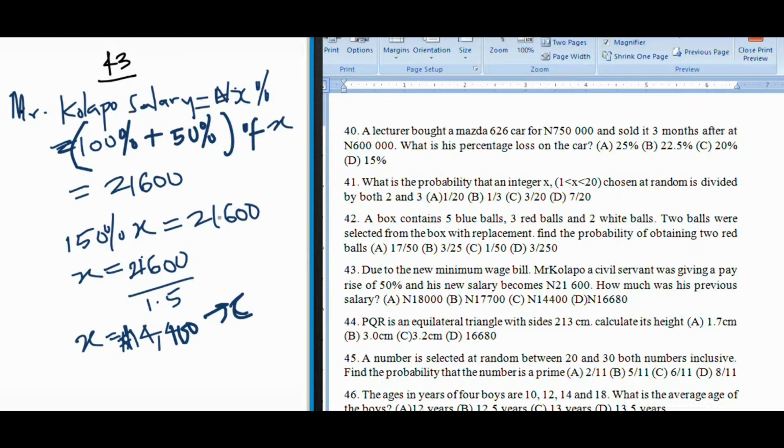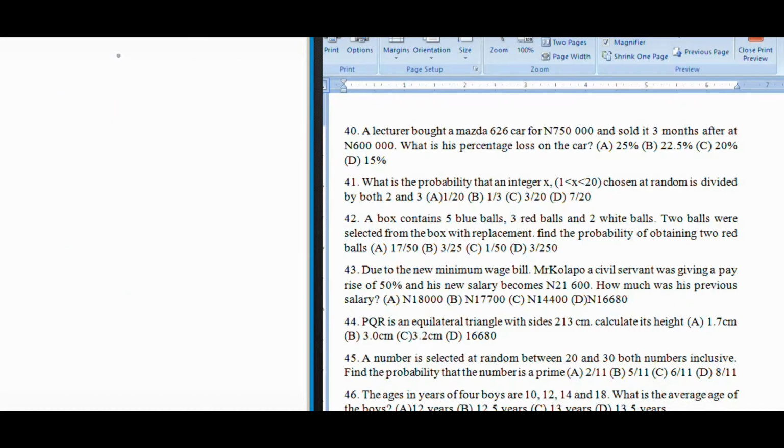Our next question is: PQR is an equilateral triangle. An equilateral triangle is a triangle that has all sides equal and all angles equal. That means here will be 60, 60, and 60.